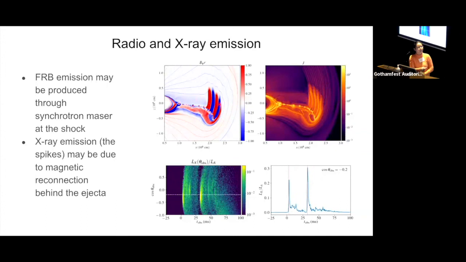You can see this kind of small structure here. These are plasmoids generated due to the reconnection. This dissipation process can actually produce the X-ray spikes that we think are probably the origin of the spikes seen in the X-ray burst. So we think this is possibly a scenario for these fast radio bursts from the galactic magnetar.